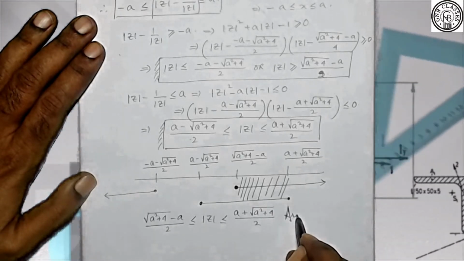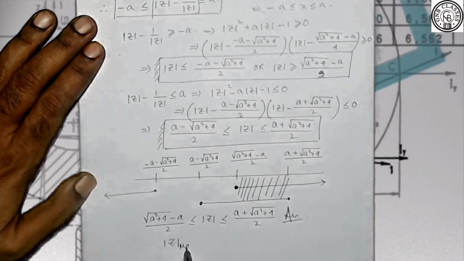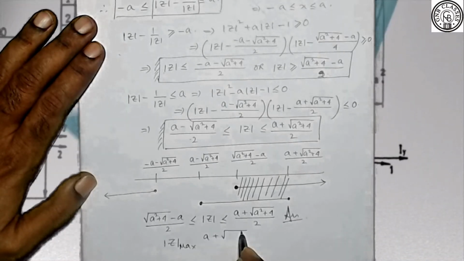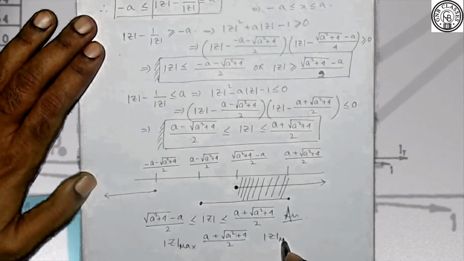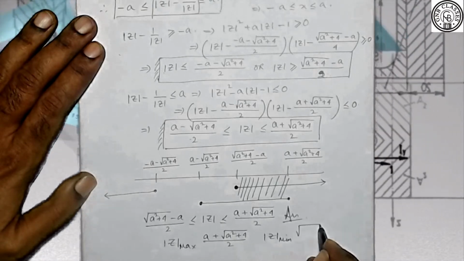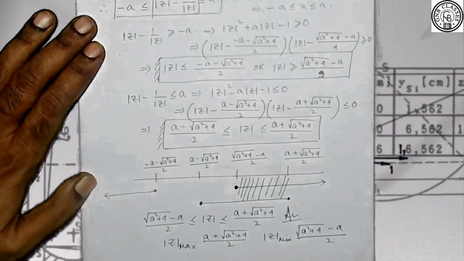Is it clear? And that's your answer. So from here we can say that mod z maximum value will be (a plus root over a square plus 4) by 2, and the minimum value of mod z will be (under root a square plus 4 minus a) divided by 2. That's it.